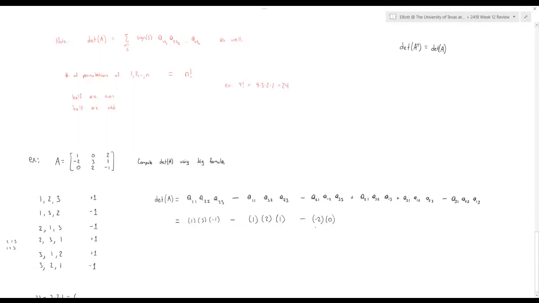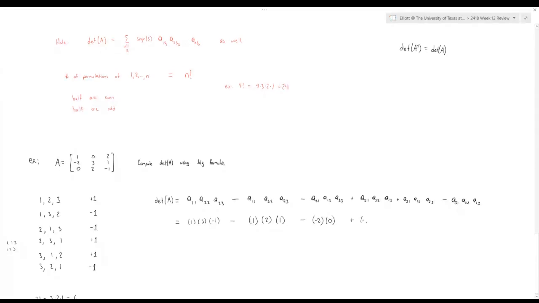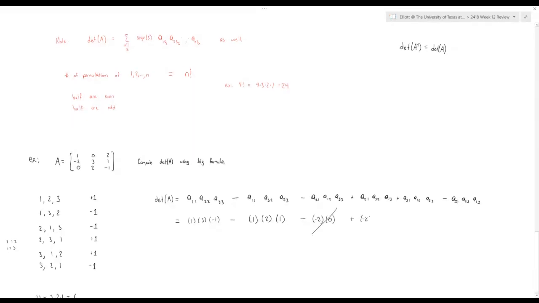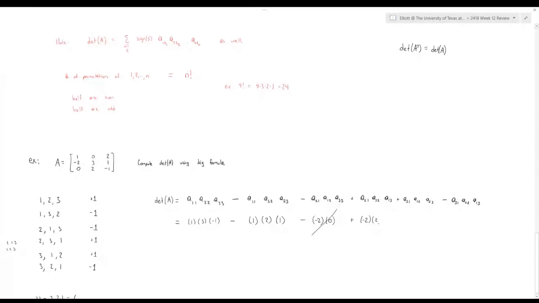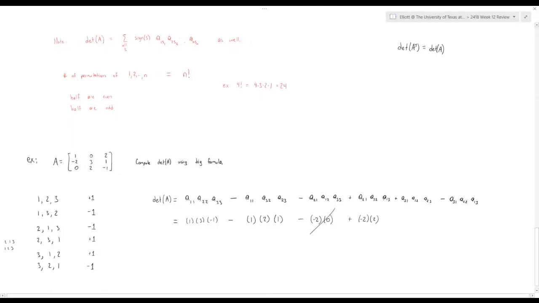So this one's already 0 because you're multiplying by 0 there. So I'll just continue to the next one. A21 is -2. A32 is 2. A13 is 2.